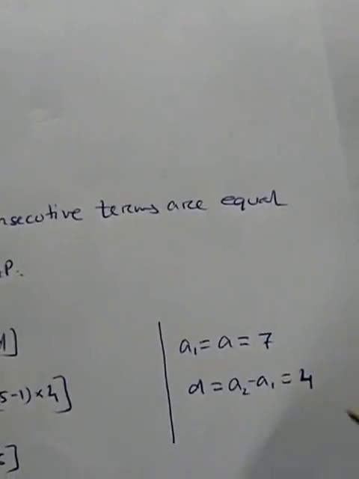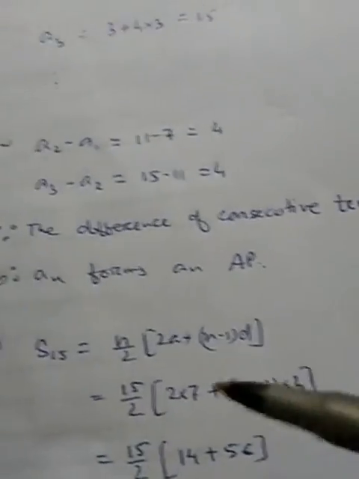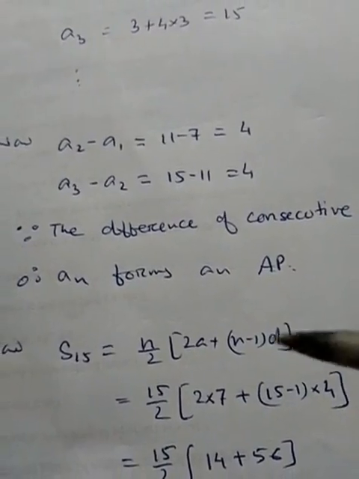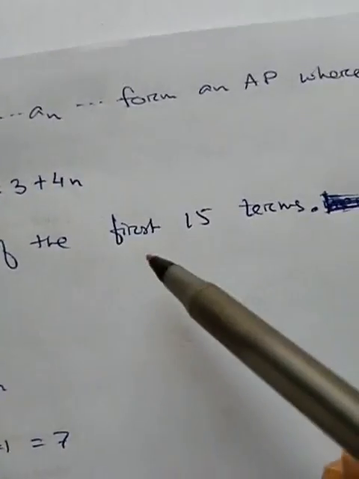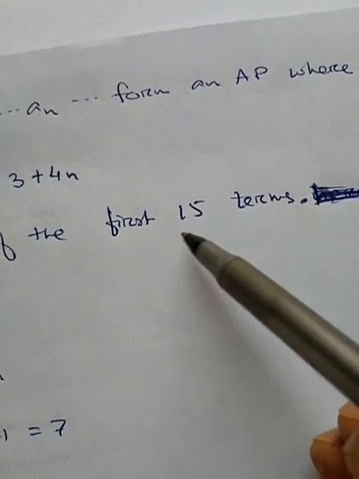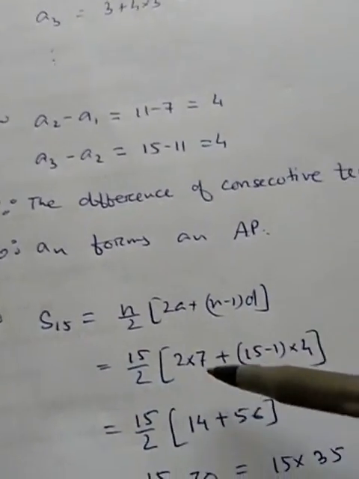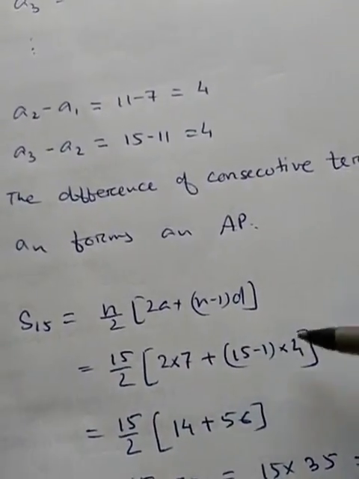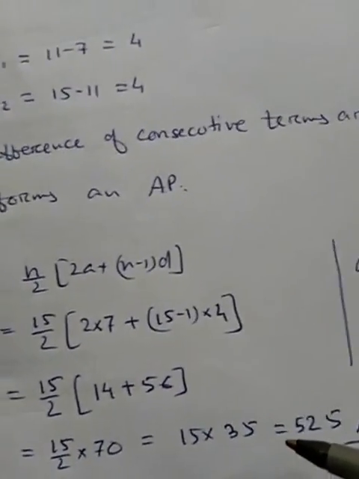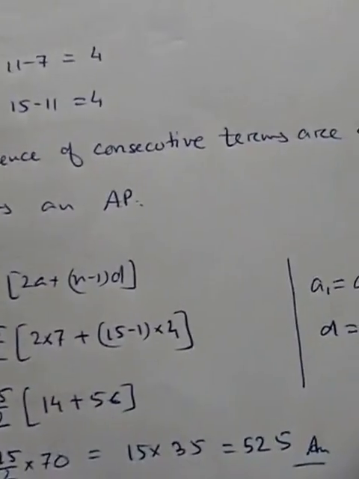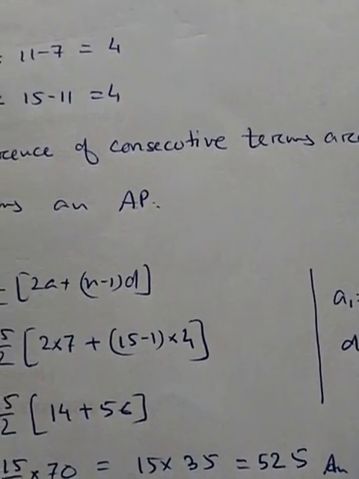So we put these a and d values in the Sn formula, where n is 15, because we have to find the sum of first 15 terms. Simplifying, we get the value of Sn as 525.